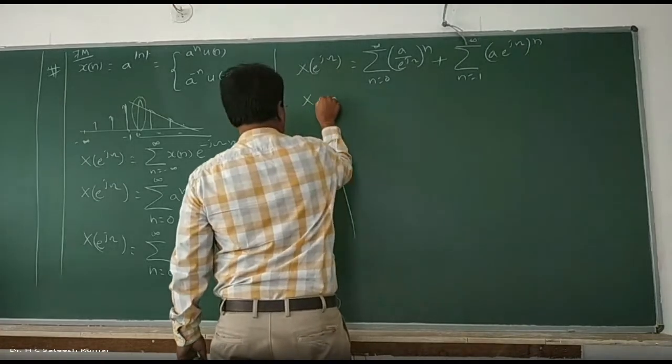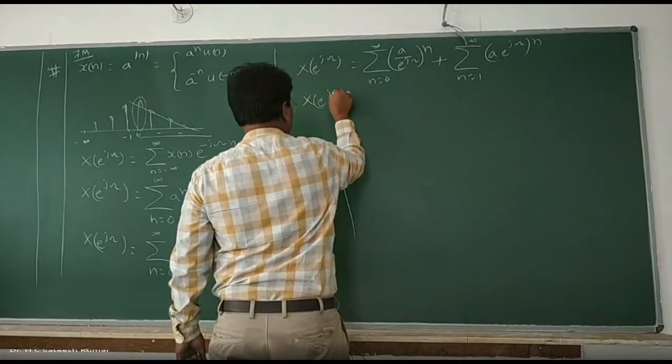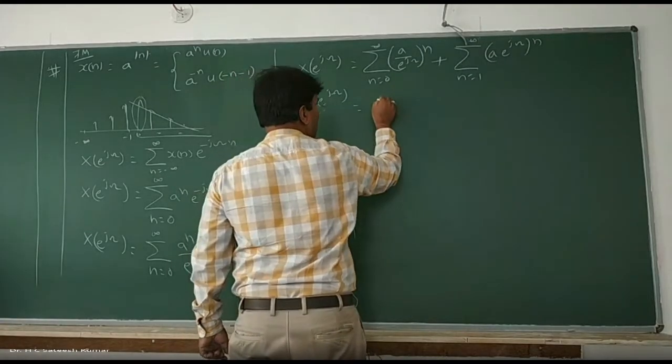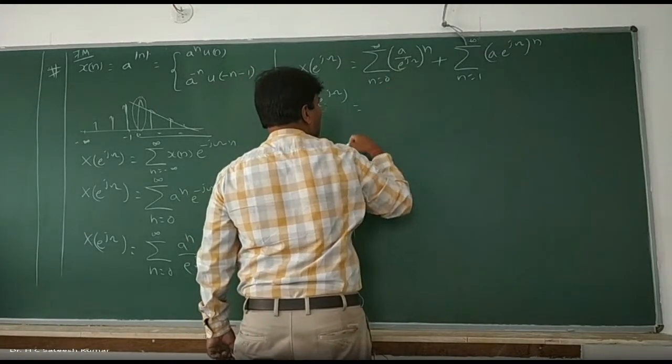This is nothing but equal to what? By the identity, the sum from 0 to infinity of a to the power n is 1 divided by 1 minus a, provided its magnitude is less than 1.